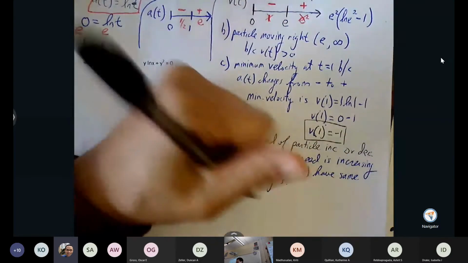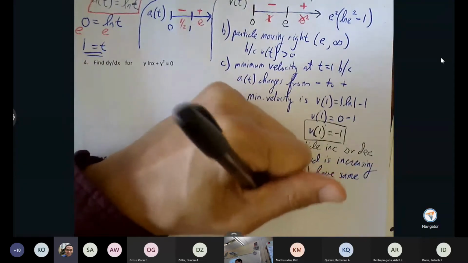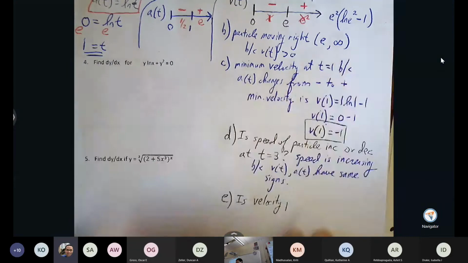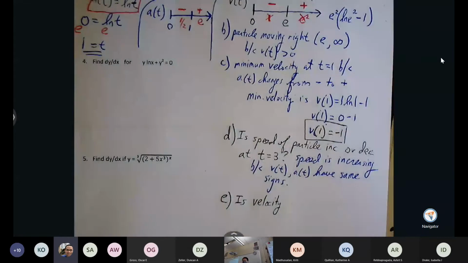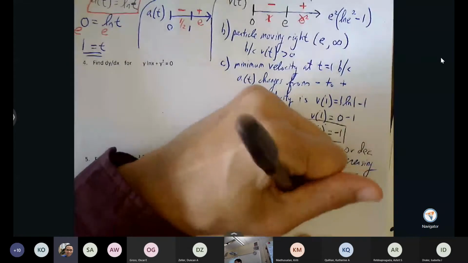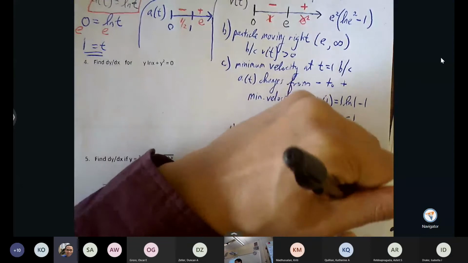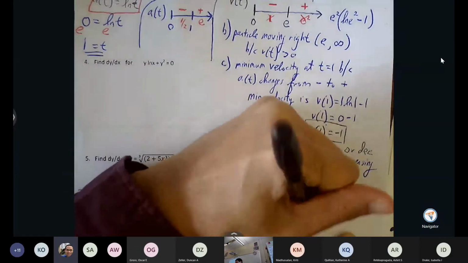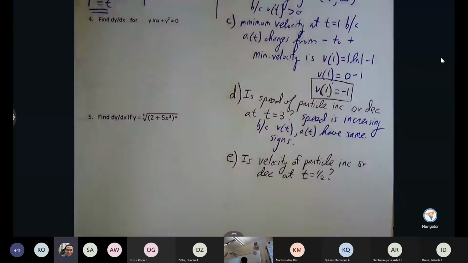Okay, part E is the velocity of the particle increasing or decreasing at t equals 1/2?